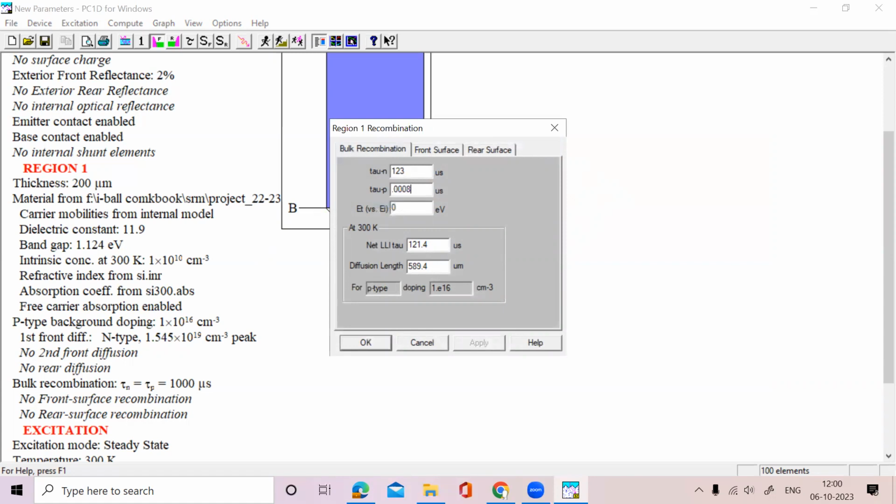Again the question will arise, why am I giving N 123 and P 0.0008? Because for N the surface passivation is there on top of the surface, but for P it is not there. So its value must be less. Okay.